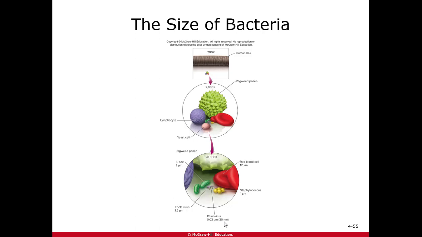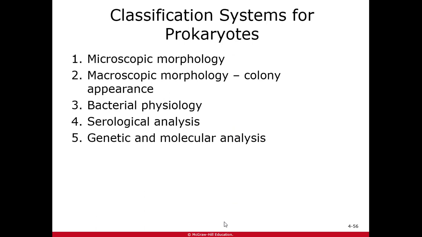So bacteria are generally measured in micrometers, 1/1,000,000th the size of a meter, 1 × 10⁻⁶. And viruses are measured in nanometers, the billionth, 1 × 10⁻⁹, 9 zeros.